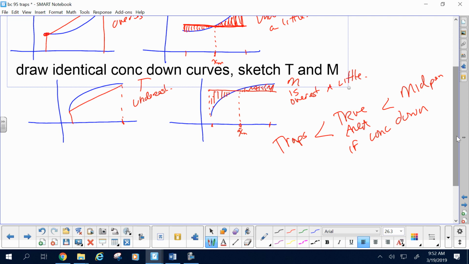And on a case where it's concave up, the trapezoids are greater than the true area, and midpoints are a little less than the true area. Okay? With that said, would you do on the back 1, A and B?